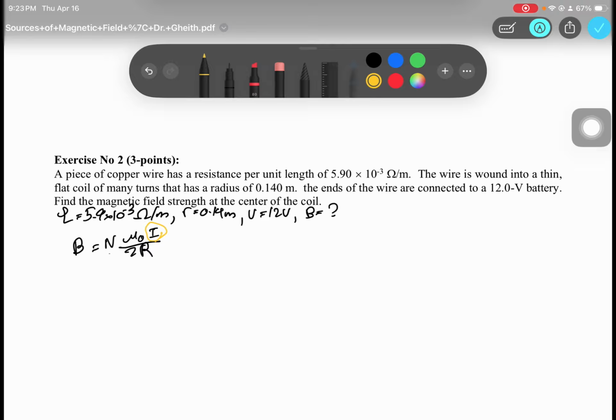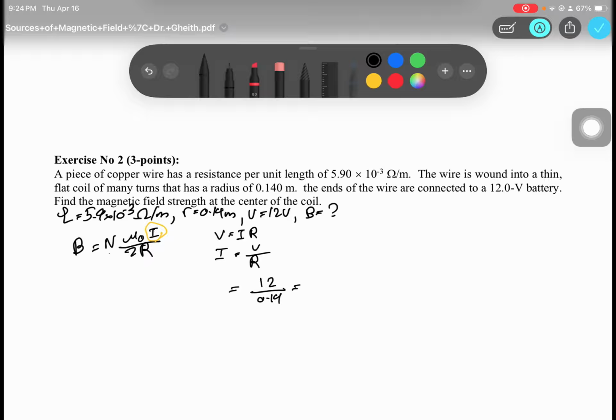So we need to find I, right? How do we find I? By using Ohm's law, V is equal to IR, so I is equal to V by R. We know V, we know R, so we can find I.